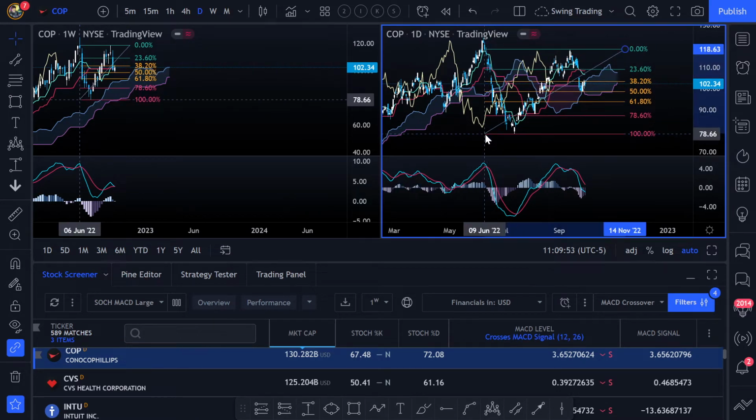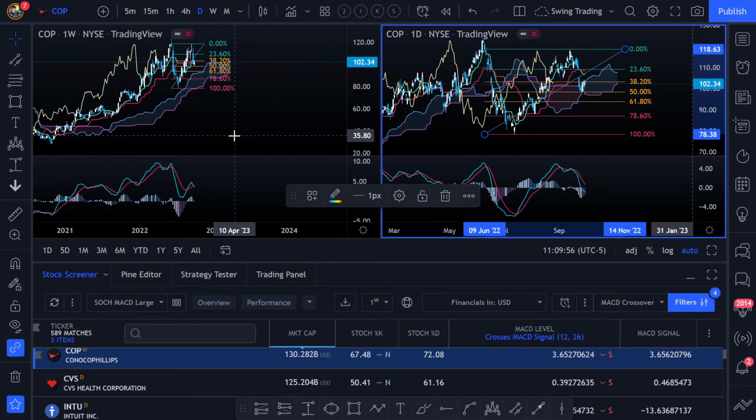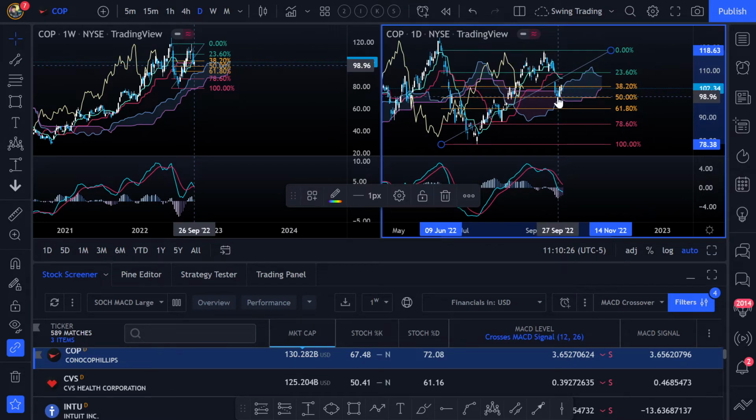In the daily time frame, the price experienced a bull run from this lower low back on July 13 until September 14th. So it experienced a bearish pullback and tested the 50% level. So it's there right now. It's still not recovering fully.